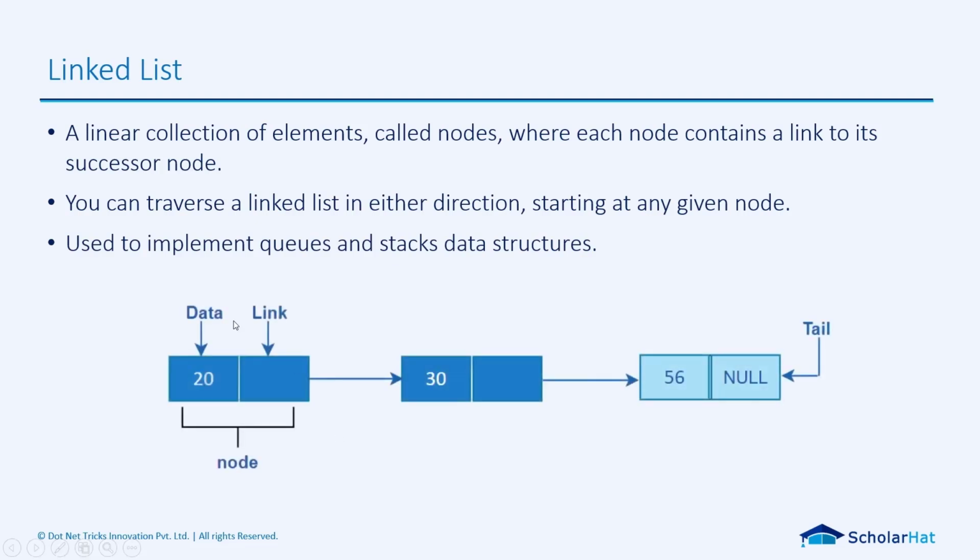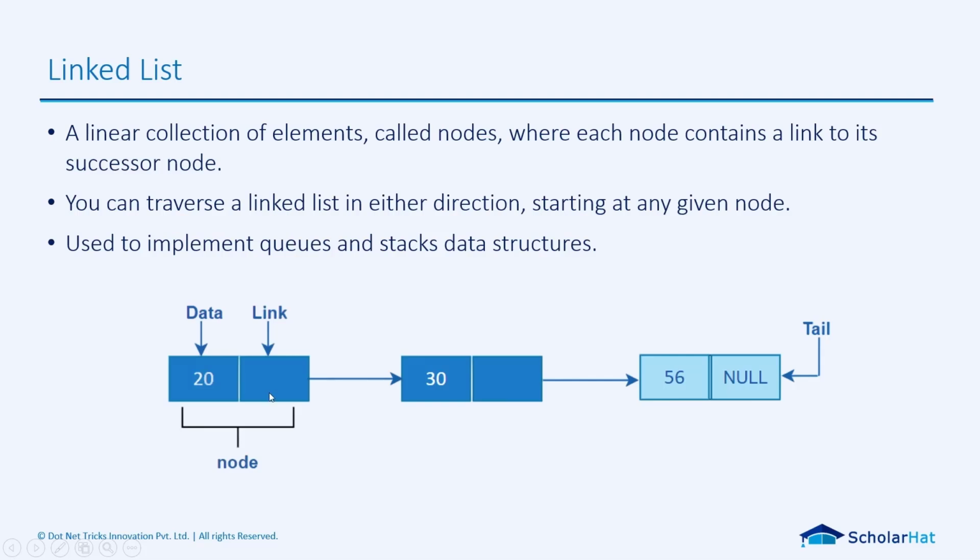If you can see over here, this is called a node. So 20 is the data and this is called a link, or you can say reference. So what is the link? The reference of 30 is stored here. It means 30 you can access from this node, 20. So 30's reference is stored here.